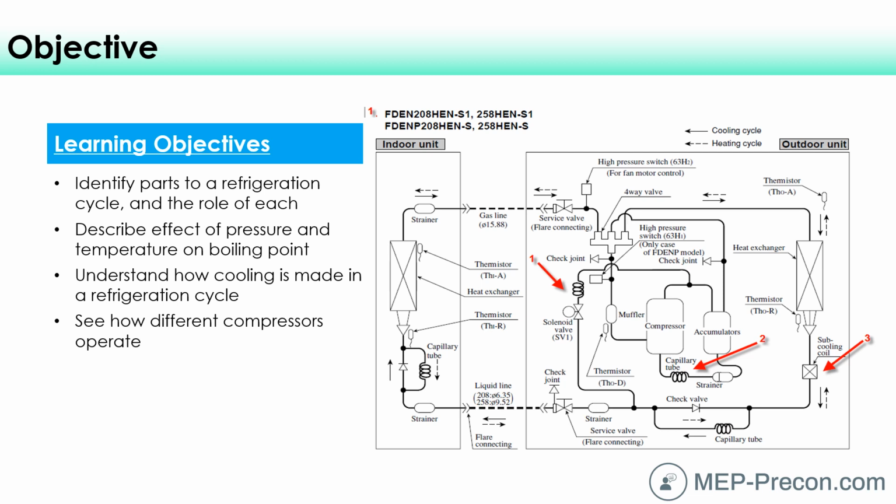All right, so the objective of this video is not to become a technician and be able to troubleshoot a refrigeration cycle or an air conditioning system within an HVAC unit. It's mainly just to identify the parts of refrigeration, the role of each, the bare minimum parts, that is. There are quite a few other parts. We're just going to talk about 6. You need to have 6 components to a refrigeration cycle, and we'll talk about that.